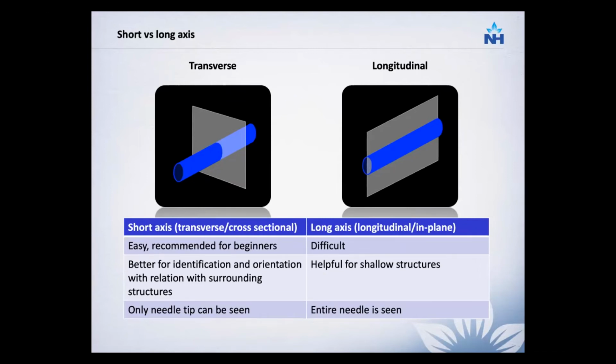Here we cut the vessel like a loaf of bread. The only drawback in this situation is that we can only see the needle tip. So the trick here is that identifying the needle tip is the most crucial, and the trick is first to slide the probe up and down so as to lose the needle and then get it back.